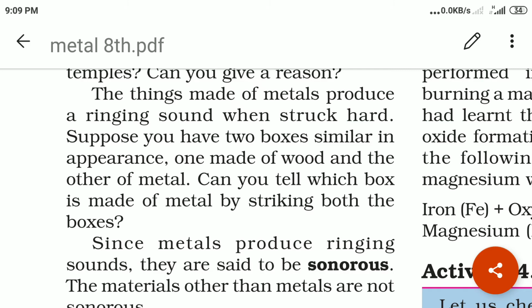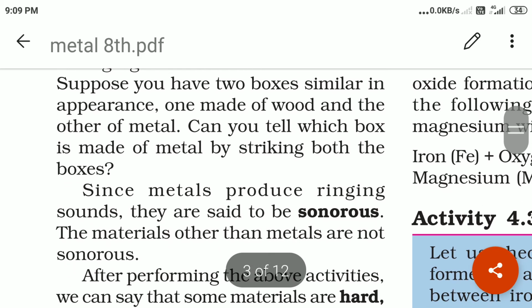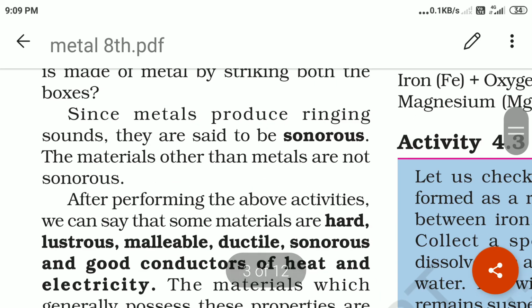Suppose you have two boxes similar in appearance, one made of wood and the other made of metal. Can you tell which box is made of metal by striking both boxes? Yes, we can easily identify which box is wooden and which is made of metal.